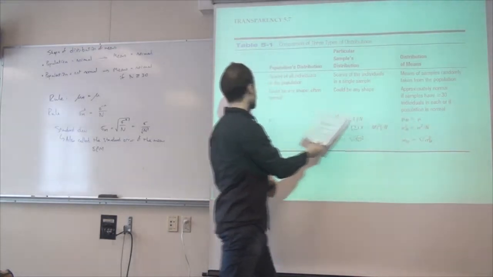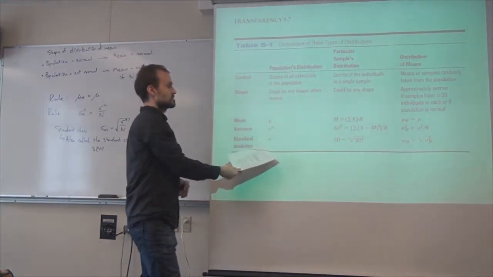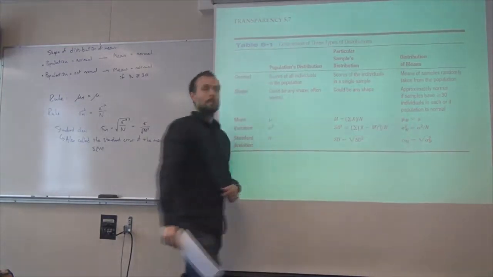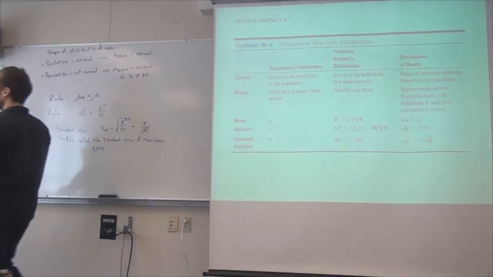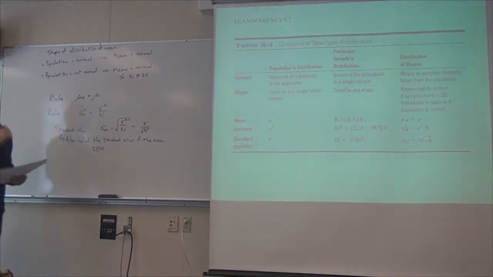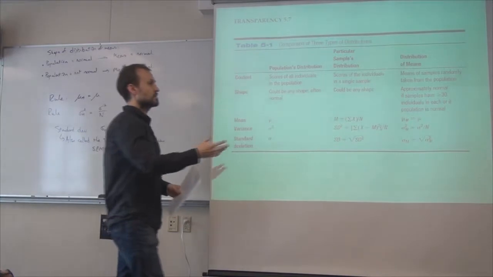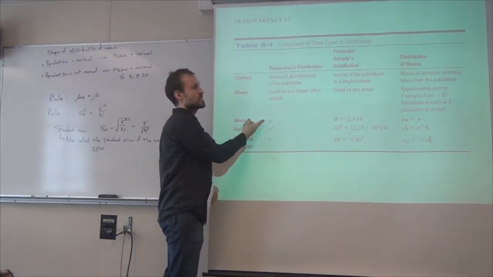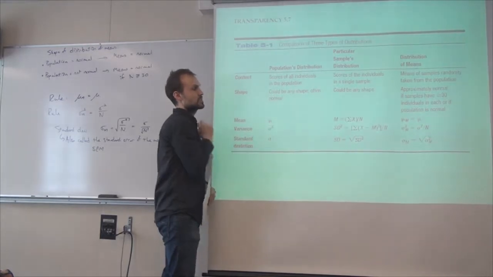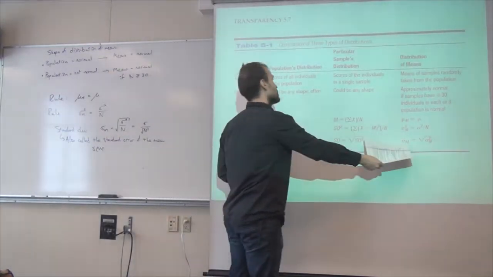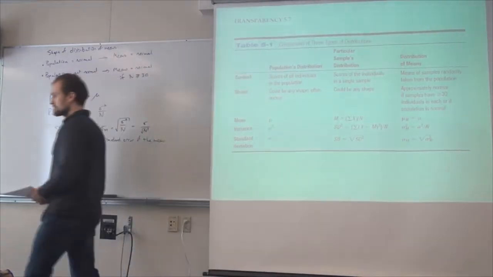The population parameters have to be Greek letters, and the distribution of means, all possible means, will be calculated from these, with no adjustment with the mean and a little adjustment with the standard deviation. And we call this the standard error of the mean.